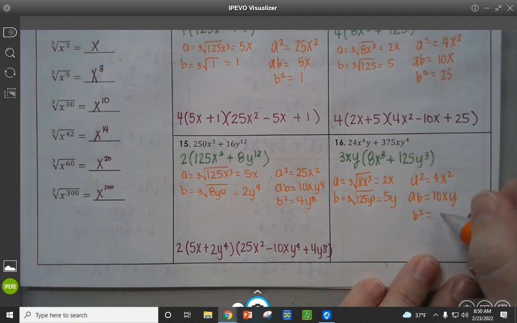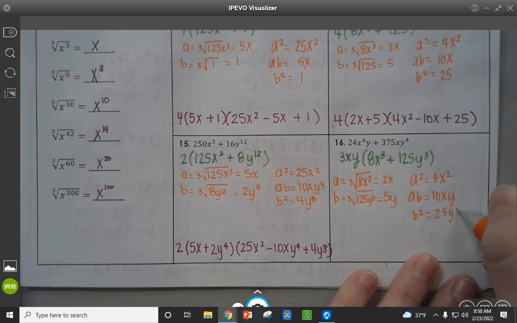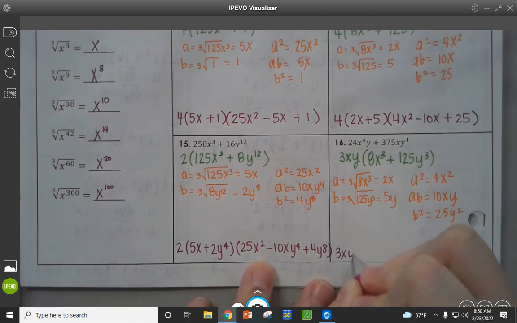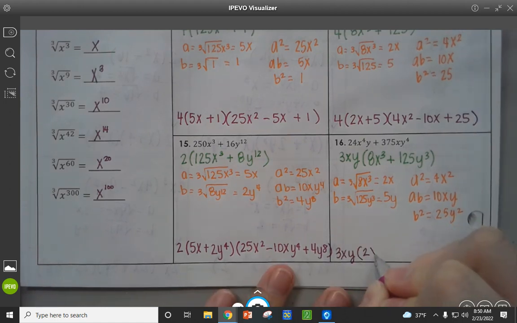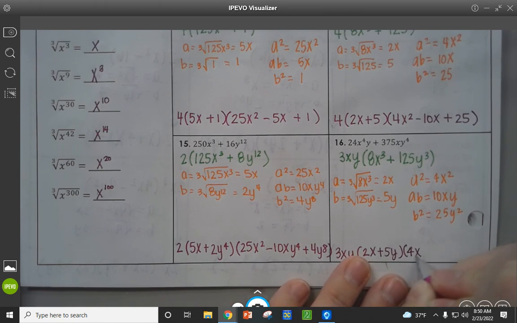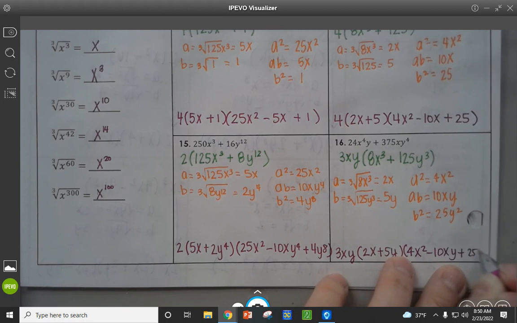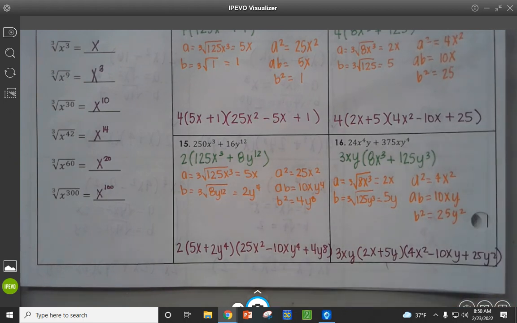And B squared would be 25y squared. And then we put it all together. We have the 3xy in the front. 2x plus 5y. 4x squared minus 10xy plus 25y squared. Questions?